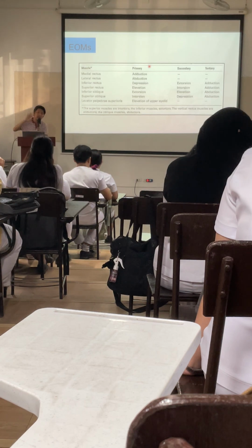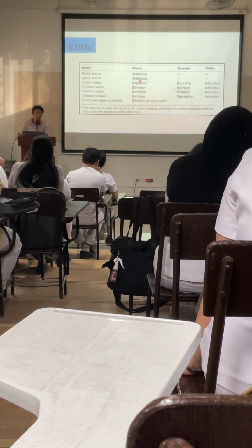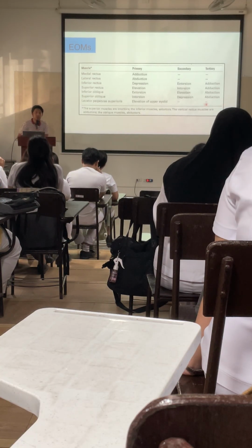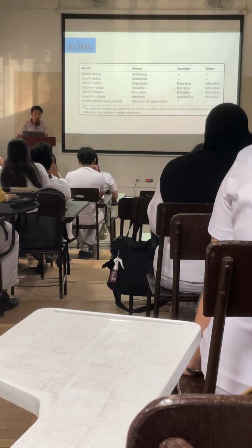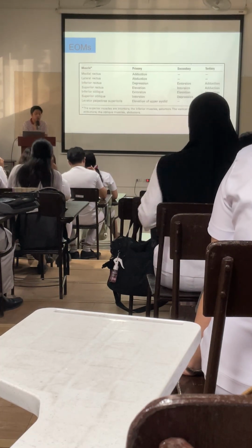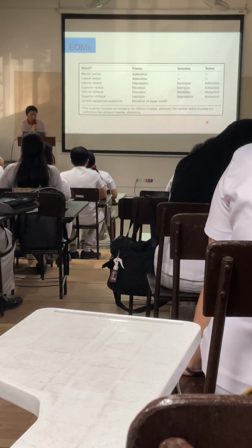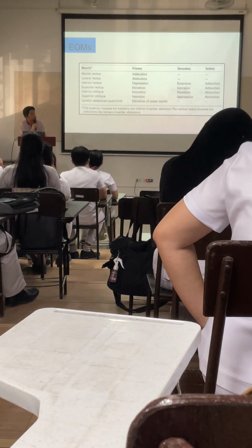Abduction is lateral movement, medial movement is adduction. So unfortunately, you have to memorize this. Know the function of each muscle, whether its primary action is adduction, abduction, depression, elevation, extorsion, or intorsion.